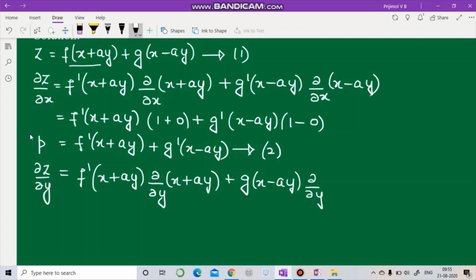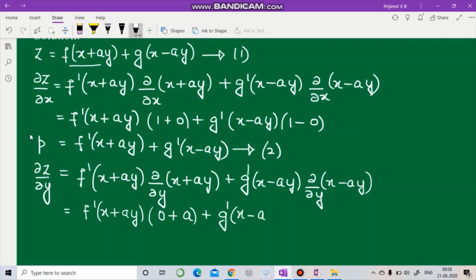Differentiate x minus ay again with respect to y. Differentiation of x plus ay with respect to y is 0 plus a, g dash, 0 minus a.